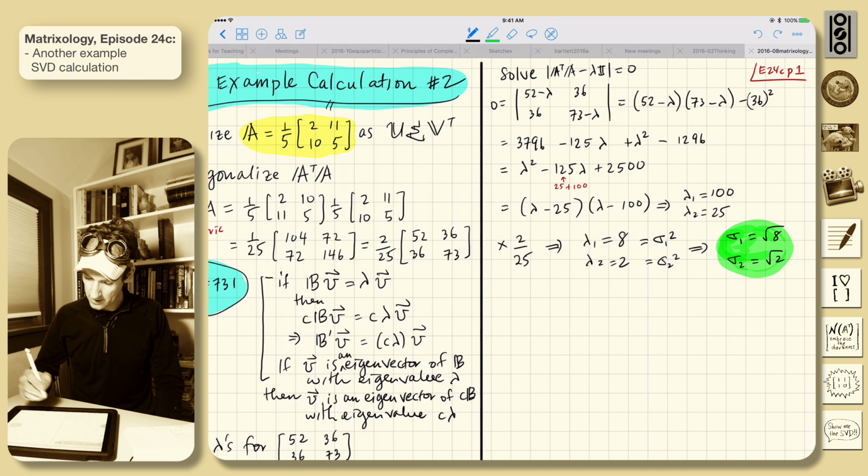Okay, so lambda, I know I'm calling them lambda 1. So this is lambda 1.